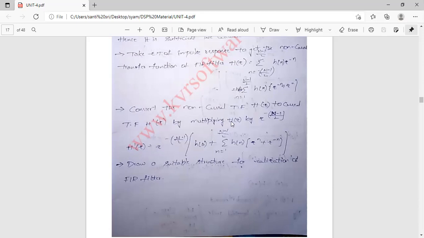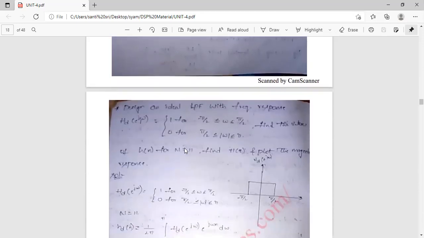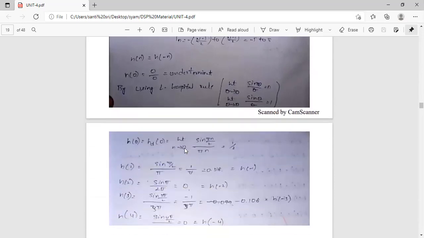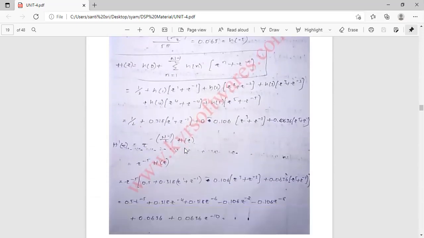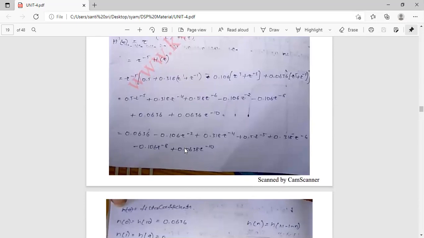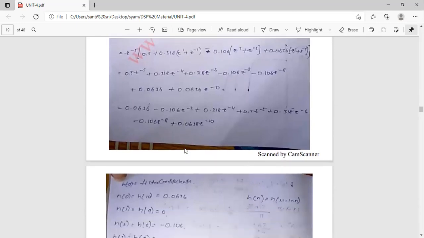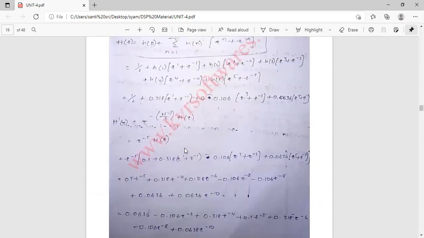Here n is 11, so z power minus 5 into this h of z. So z power minus 5 into this value.